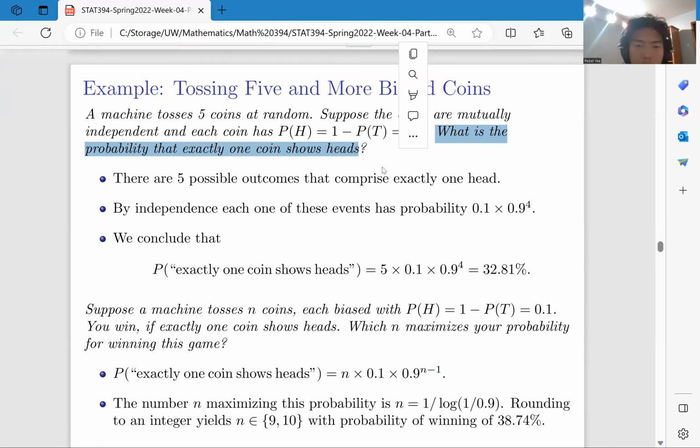So there are 5 possible outcomes comprising exactly one head. That is because we have 5 coins. The first coin, second coin, and each of the coins can be the head, and that's the only case where exactly one coin shows head.